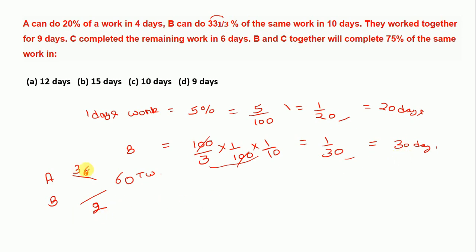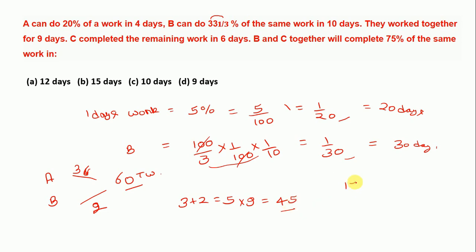So A can do 3 units of work per day and B can do 2 units of work per day. Efficiency of A and B together will be 3 plus 2 is equal to 5, and they have worked for 9 days. So in 9 days they will do 45 units of work, but total work is 60 units and they have done just 45 units.